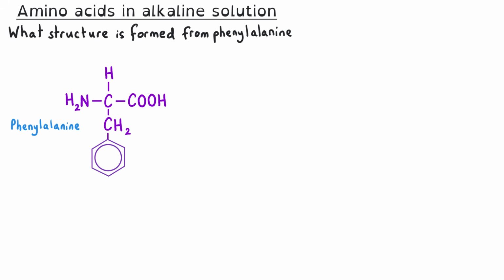An exam question could ask you to draw the structure of a particular amino acid, for example phenylalanine, at a high pH value. And they could phrase it by asking specifically about pH 14 or simply by describing it as being in an alkaline solution.